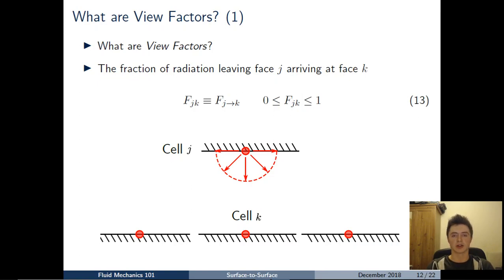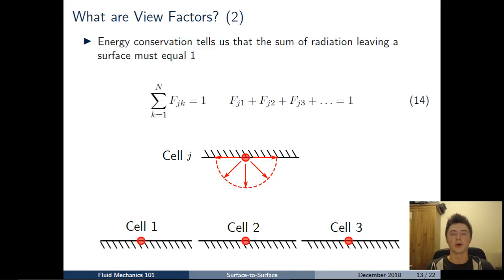And the radiation that's given off cell J, some of it will go to cell K and some of it will go to other cells in the mesh. And F_JK gives us the fraction of that radiation that's given off cell J that's then incident upon cell K. And that's what we want to know here.